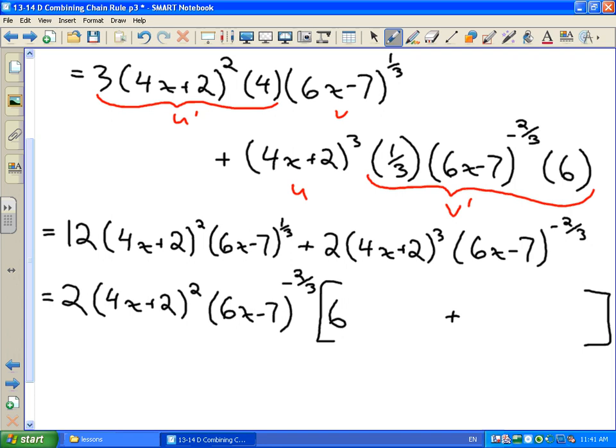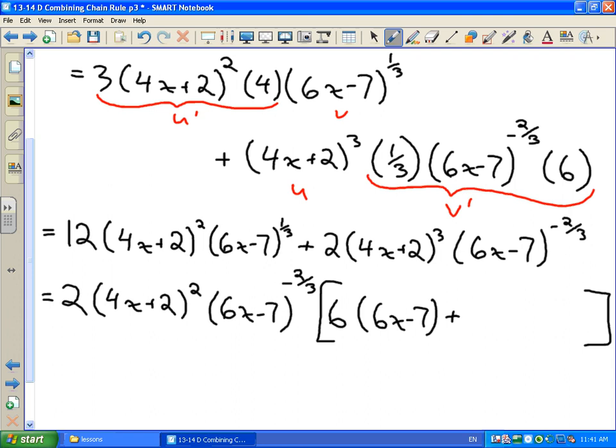And I've got (6x minus 7) to the 1/3. I'm dividing by (6x minus 7) to the negative 2/3, which is going to leave me (6x minus 7) to the 3/3, because I'm adding 1/3 plus 2/3. So I'm just going to have 6x minus 7 there.